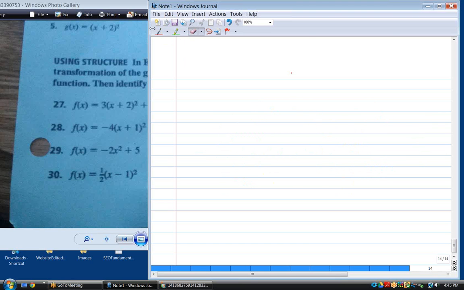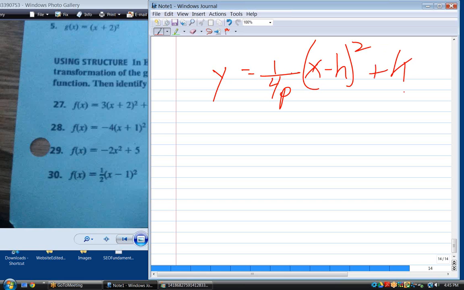So give me the 2 formulas. What's the general formula for what I call a vertical parabola? So would that just be 1 over 4p, and parentheses y minus k? Well, okay, that's okay. You could put the y minus k, but then you add the k to the other side, and it becomes that.